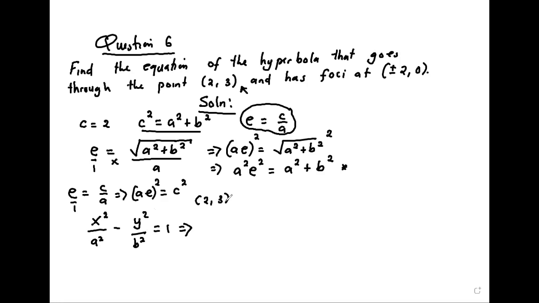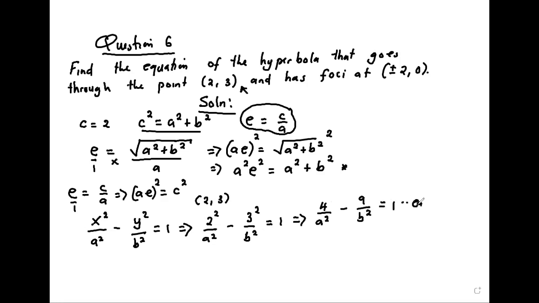We substitute to have 2 squared over a squared minus 3 squared over b squared equal to 1. So we get 4 over a squared minus 9 over b squared equal to 1.